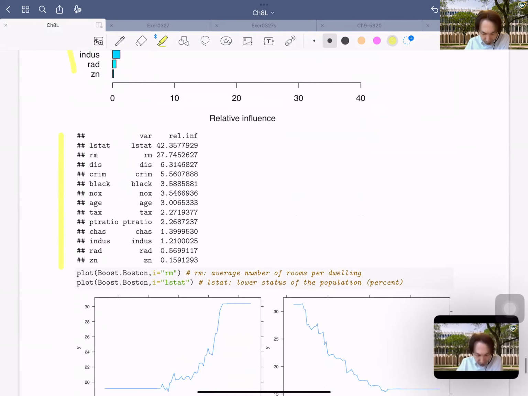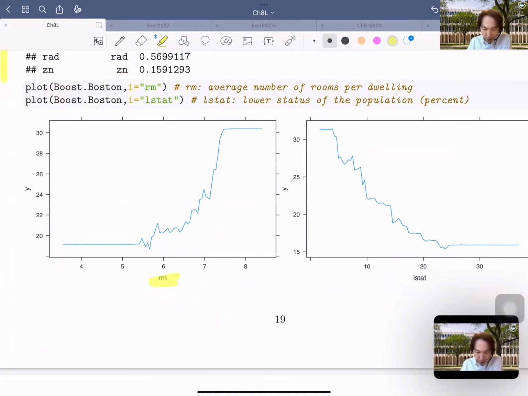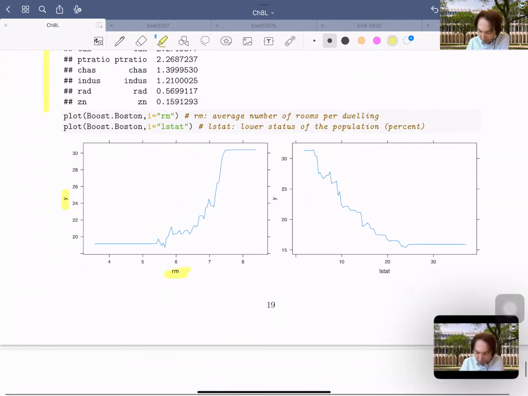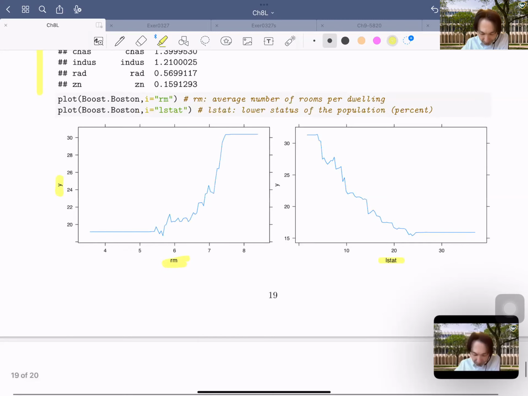This is the same information in a table, and this is again the graph. RM is the average number of rooms per dwelling, versus y. It sounds different from these days, when a smaller number of bedrooms is sometimes more expensive because of features such as more bathrooms or a larger kitchen.